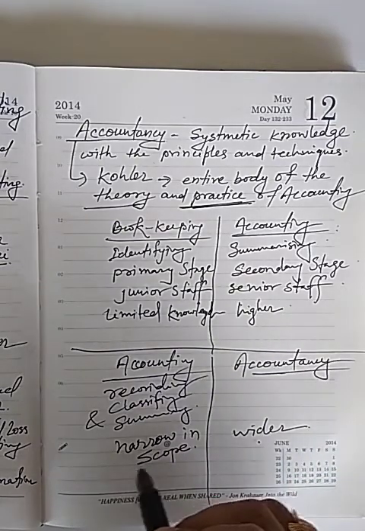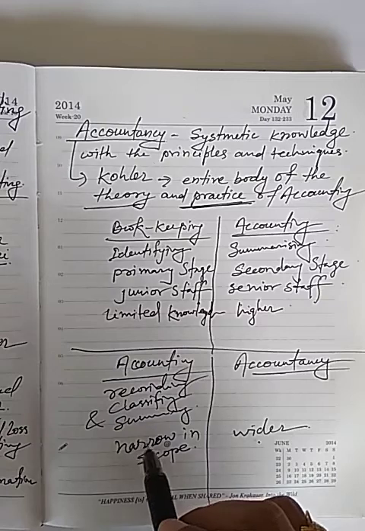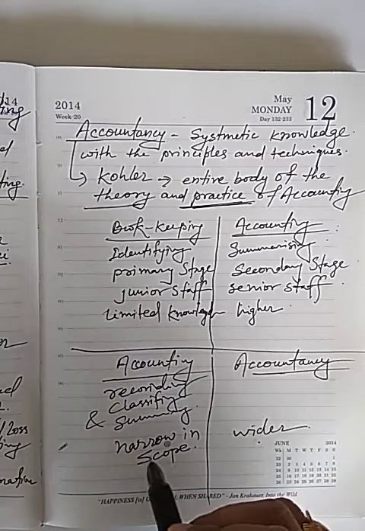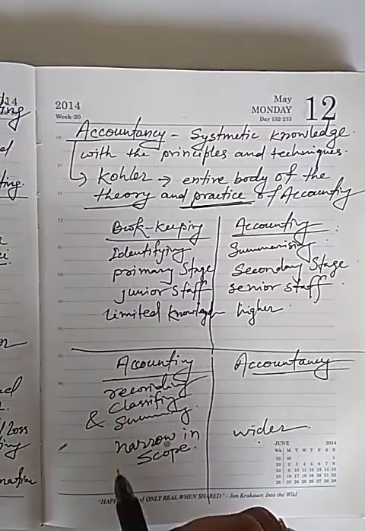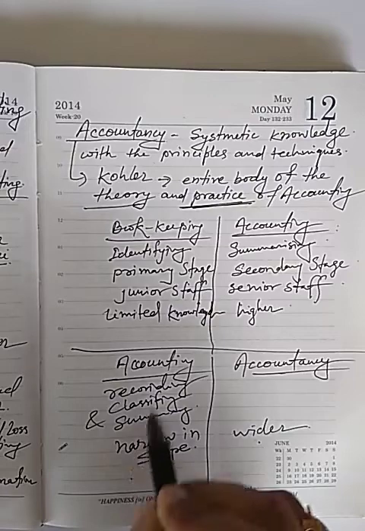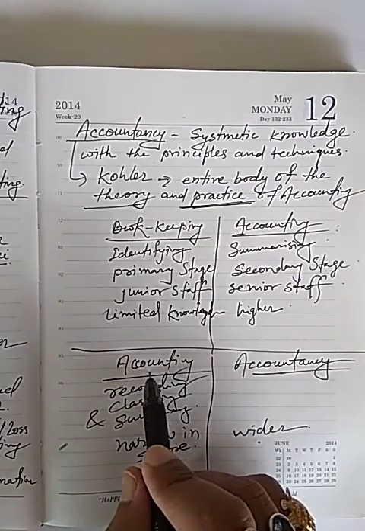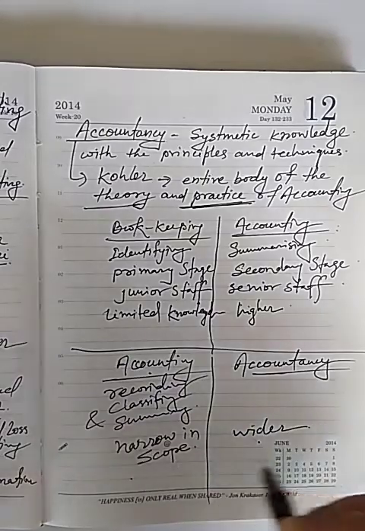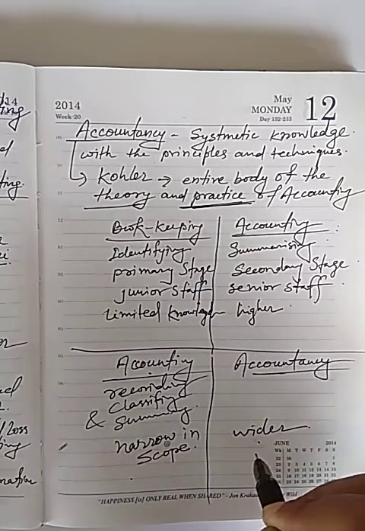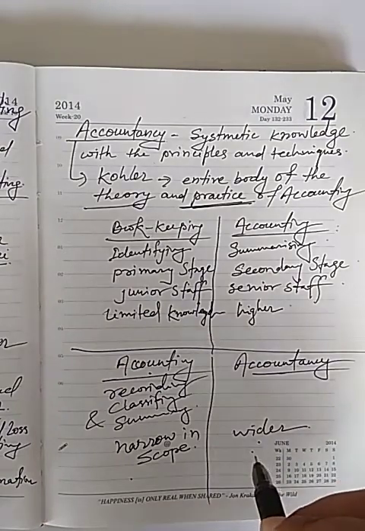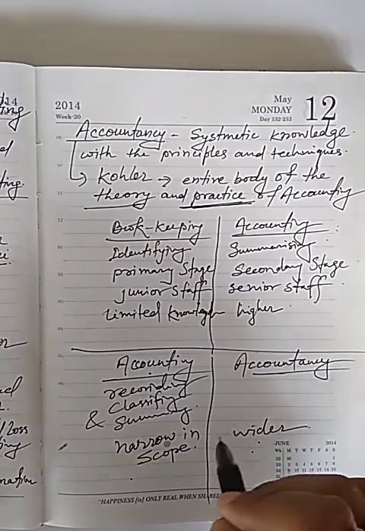Accounting starts where bookkeeping ends. Accounting depends on bookkeeping, and accountancy depends both on bookkeeping and accounting.